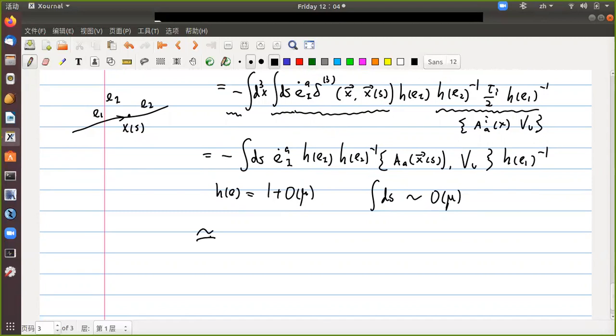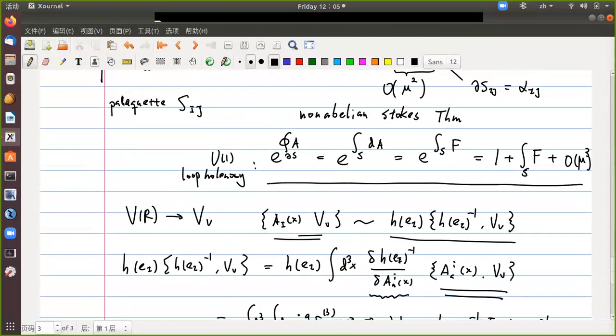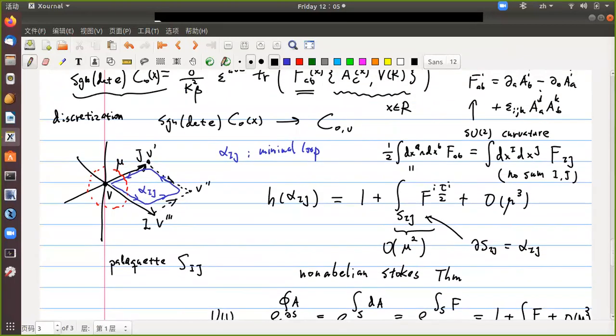So under the continuum limit, it approximately equals minus the integral along ei of e dot ai, the Poisson bracket of A with the volume. Okay, and now those ei, I will choose the coordinate system such that the coordinates are along the I direction, J direction in the lattice.